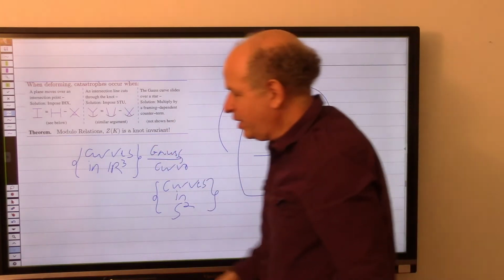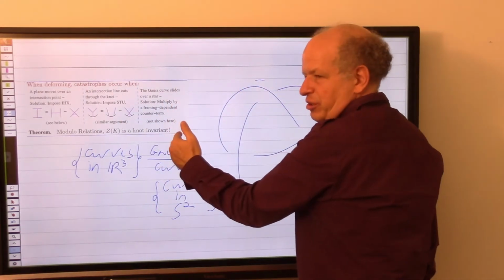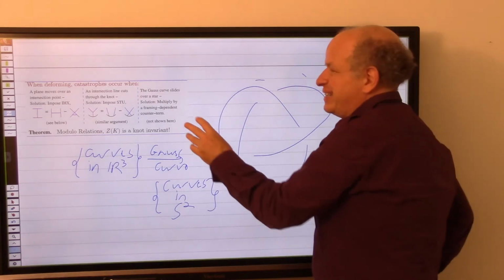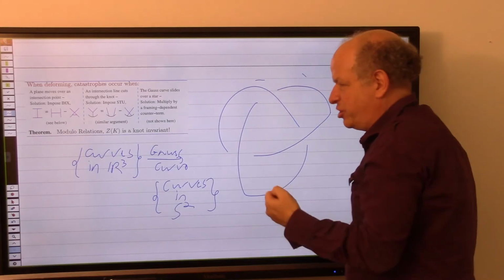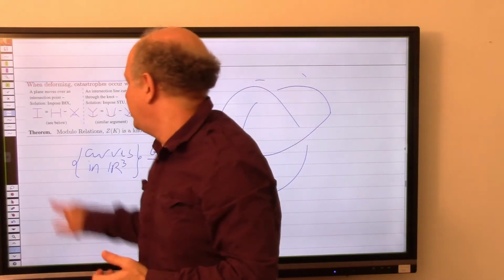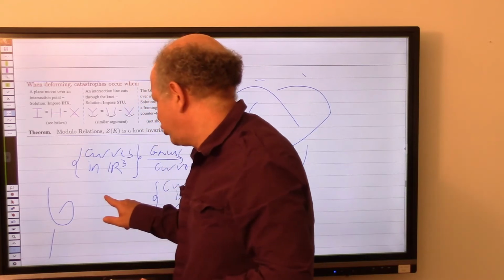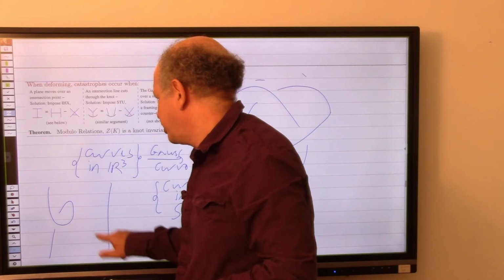It turns out that this is a catastrophe of a different nature, and I will not go into it, but it's similar to the Reidemeister 1 issue. In fact, think about it this way. What is a Reidemeister 1 move?